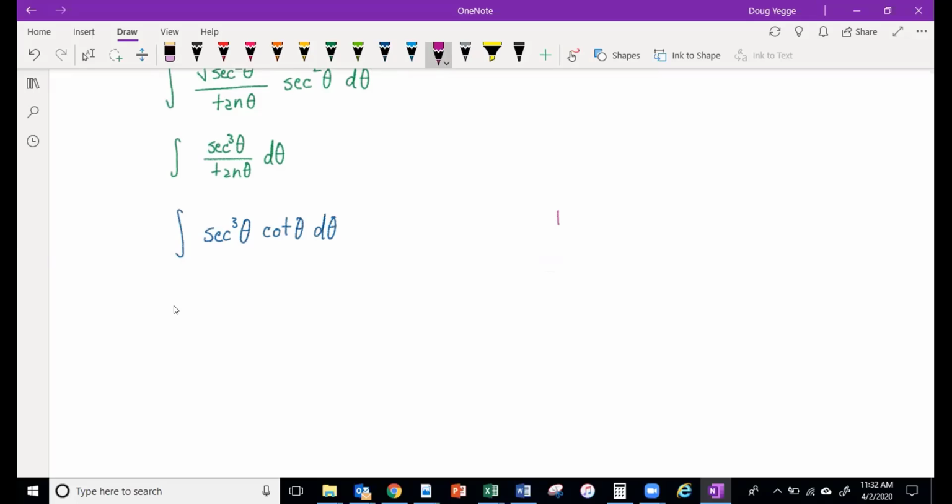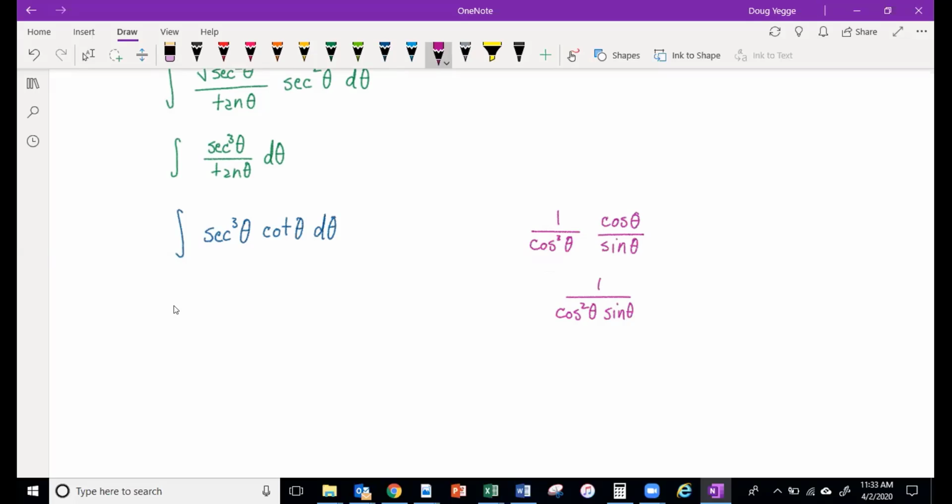Why don't we convert this into 1 over cosine cubed theta, and then cotangent theta is cosine theta over sine theta. And so notice that that simplifies into 1 over cosine squared theta sine theta.